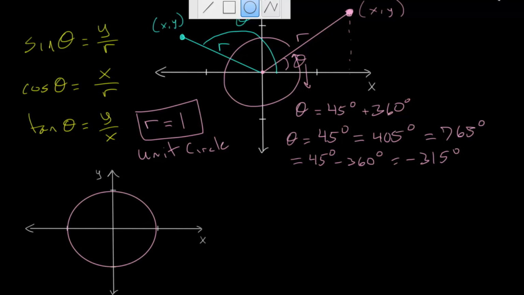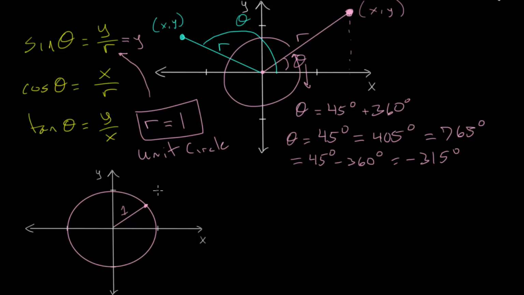And let me quickly draw that in. And again, the radius of the circle, its distance from the origin to the edge of the circle, this is distance 1. And notice with our definitions that for, let's say, the sine function, this reduces to y divided by 1, or just y.